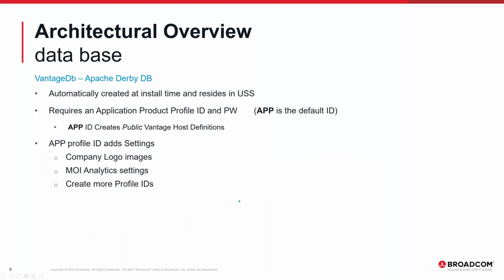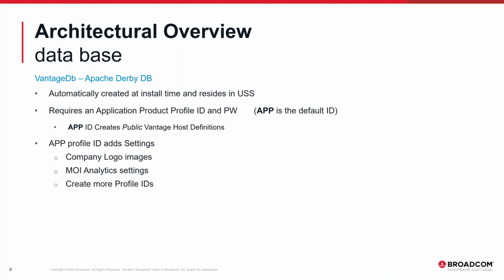As I mentioned, there is a database that gets installed during the installation process. There's nothing you need to do. It's all within the installation shell script that is going to be run, and we'll go through that. We use the Tomcat Apache Derby database just to provide settings for when you're using the UI.